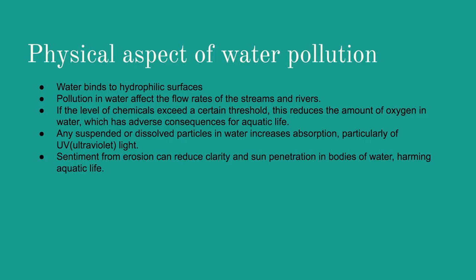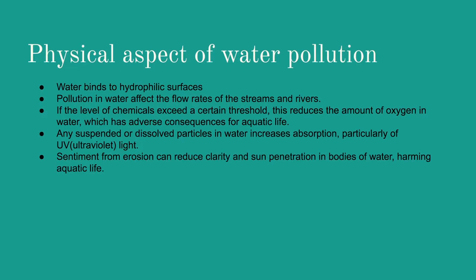This is the physical aspect of water pollution. Water pollution is a universal problem that affects not only us, but the world around us. Water pollution can come in many different forms. Some of these forms are acid rain and contaminated runoff.